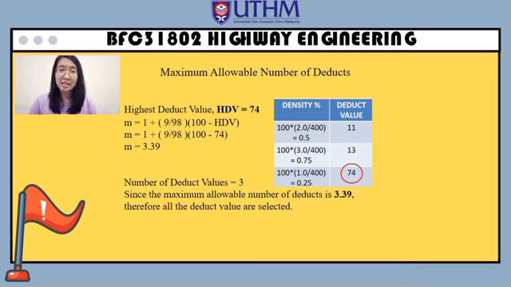Here we can see that the HDV for the result is 74. Since the maximum allowable number of deducts is 3.39, all the deduct values are selected, where we have 3 deduct values.